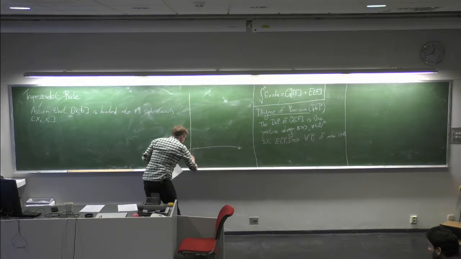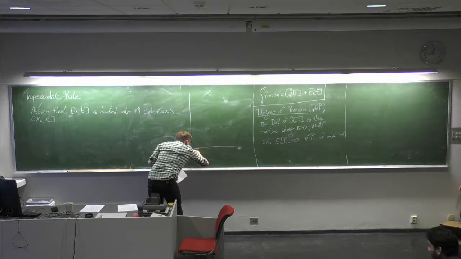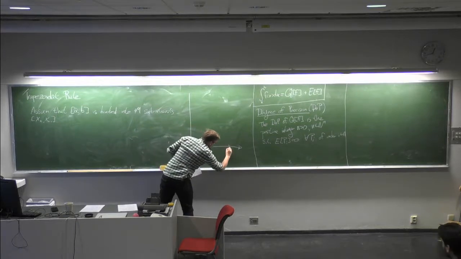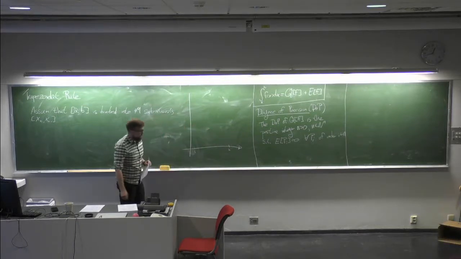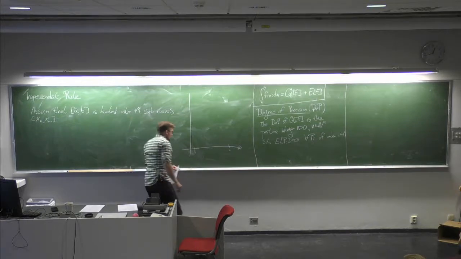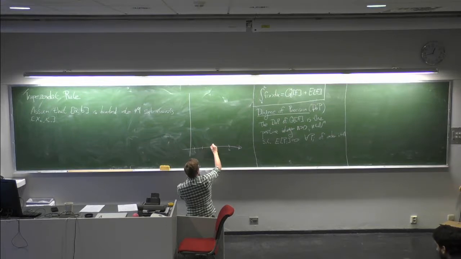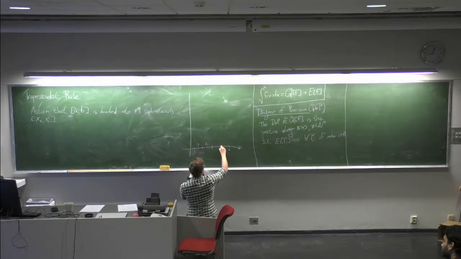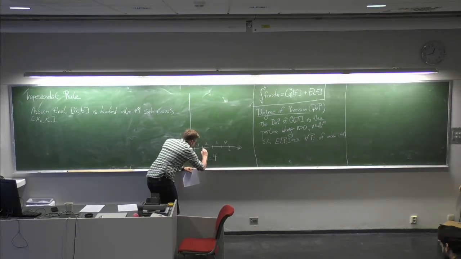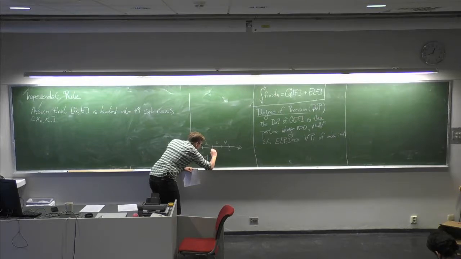So we have our interval from a over there to b here. That's our main interval, and then we have m subintervals, say four subintervals.